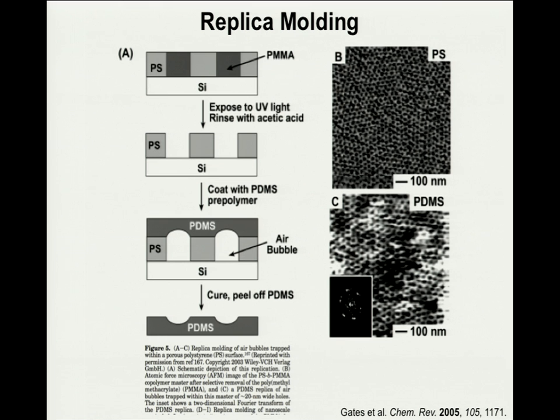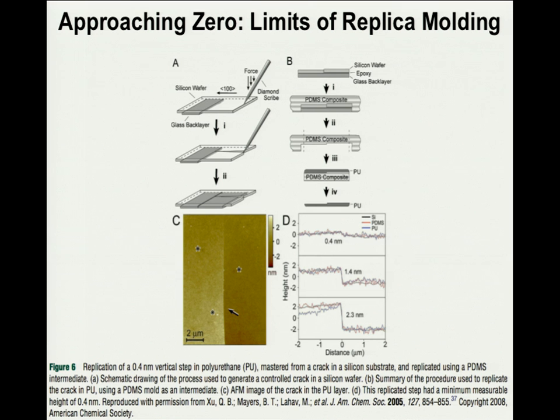Then you can generate these PDMS stamps that have these bubble features in them. Basically, what you can do is take this block copolymer structure and translate it into a mask, and then use it to pattern materials that can't be patterned directly.